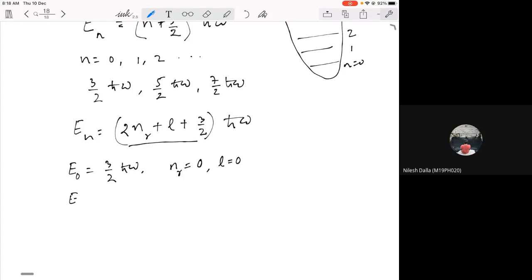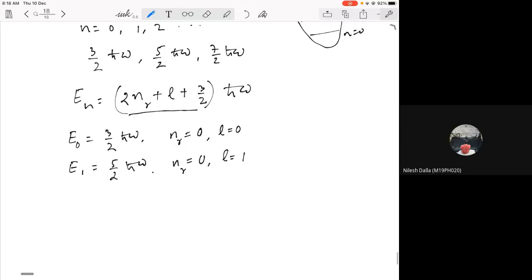And let's say I have E1, which is the first excited state. How do I get that? I'll have nr equal to 0, right? And L is equal to 1. This is how I can get 5/2 ħω, the first excited state.